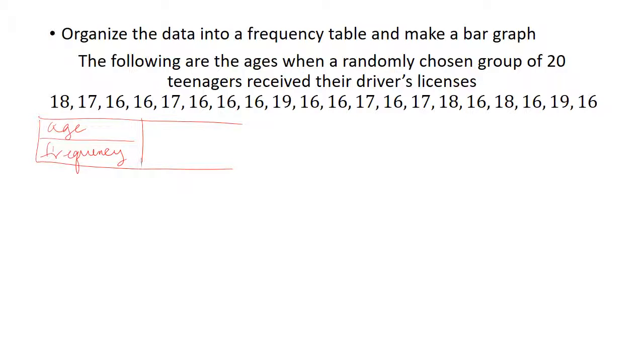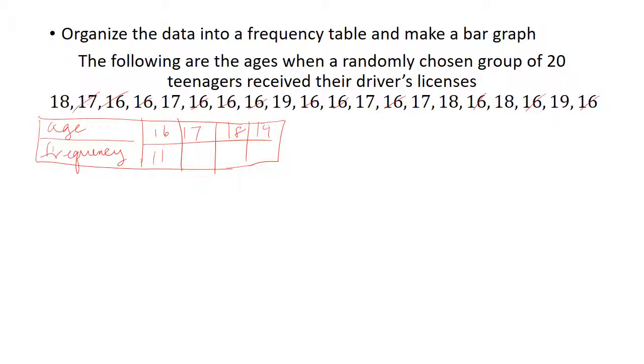Okay, so how often, I don't know how long to make my graph, so how often does it happen at the age of 16? So we're going to count that. There's 1, 2, 3, 4, 5, 6, 7, 8, 9, 10, 11 times according to this polling. How often at 17?